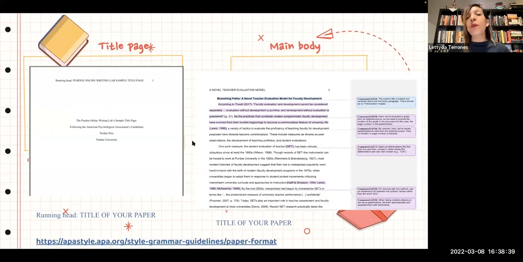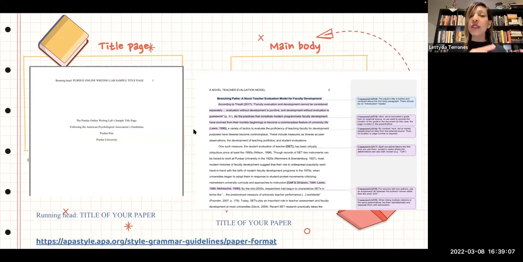Okay, I want you to take a look at the title page formatting that's on the right-hand side, and you'll notice that right here it says running head. So keep in mind that every so often, probably like every year or so, the APA puts out a new version of the APA manual, that book that you saw on the other slide, and they update the rules of APA.